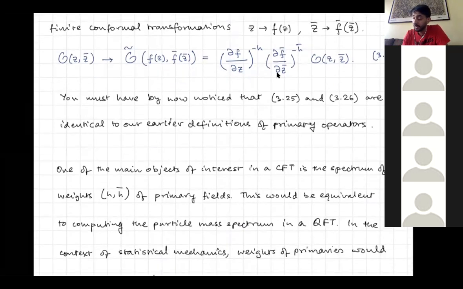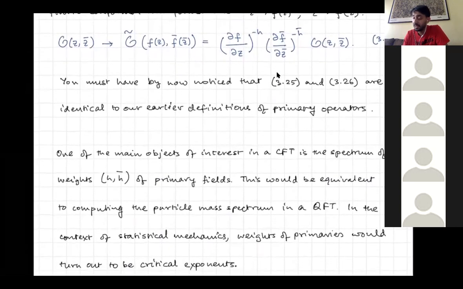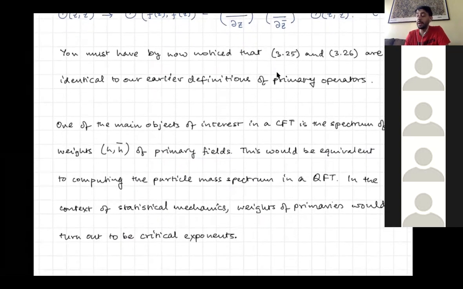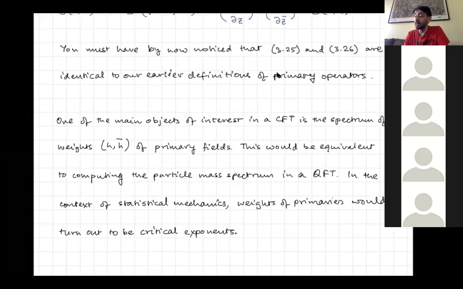I try to stress that in a CFT, one is very interested in the spectrum of weights h and h bar of these primary fields. These are in a sense equivalent to looking at a mass spectrum in a QFT. I also said that these weights are going to turn out to be critical exponents when you're looking at something like statistical mechanics. So that was what we did last time around.